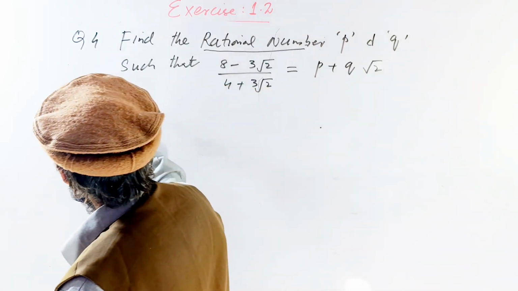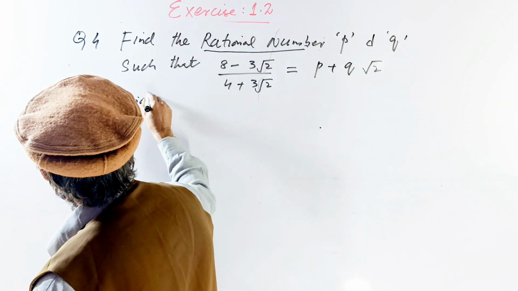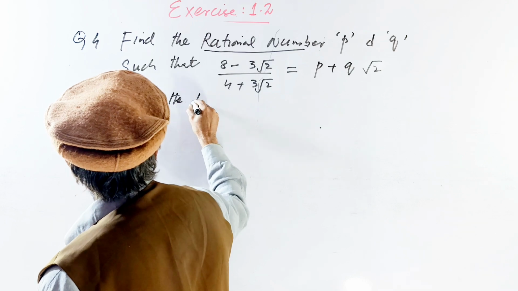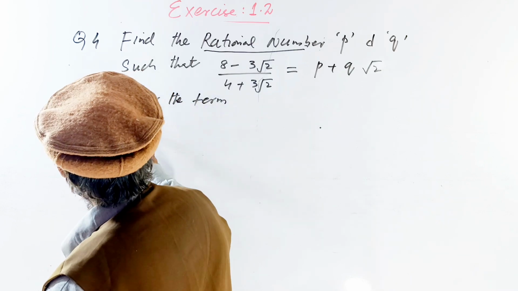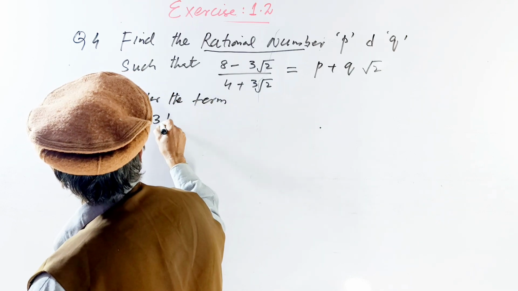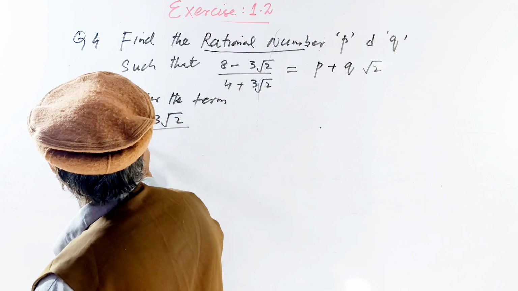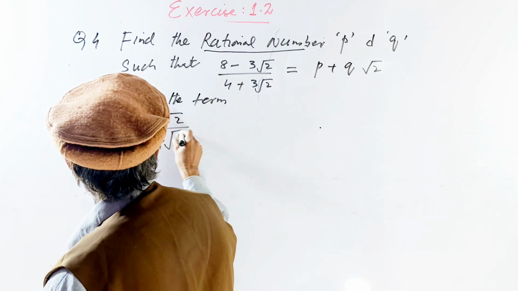Consider the term 8 minus 3 under the root 2 divided by 4 plus 3 under the root 2.